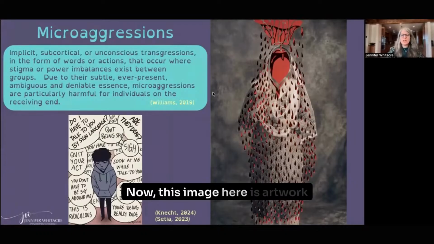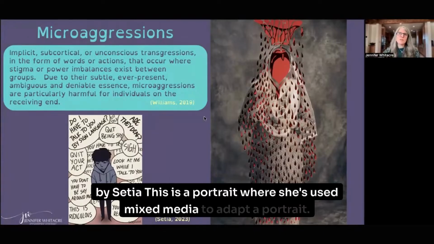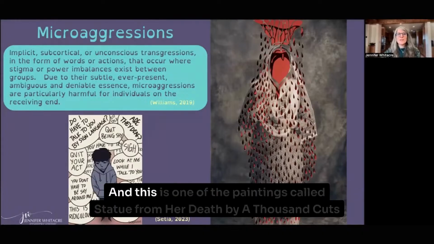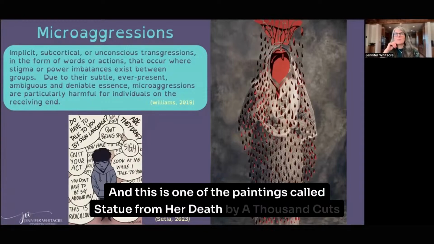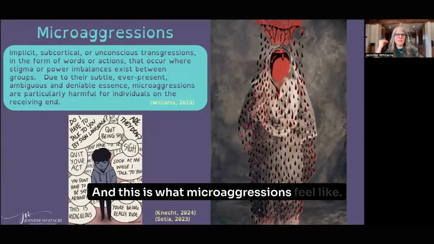Now, this image here is artwork by Satya. This is a portrait where she's used mixed media to adapt a portrait, and she has a whole series called Death by 1,000 Cuts. And this is one of the paintings called Statue from that series. And this is what microaggressions feel like.